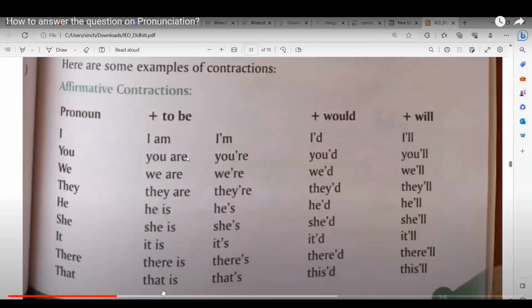Now can you read the last one, Debangshu? Yes, ma'am. That is, that would, that will. Very good, excellent. Instead of I, what are we using here?